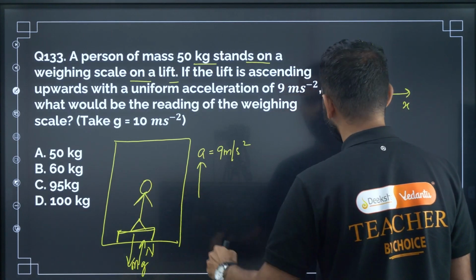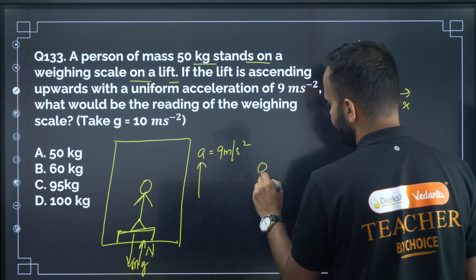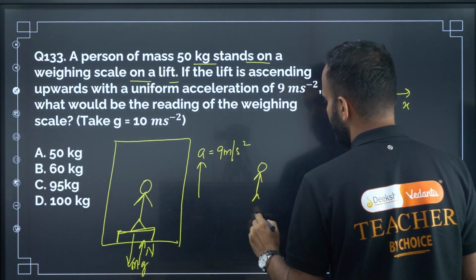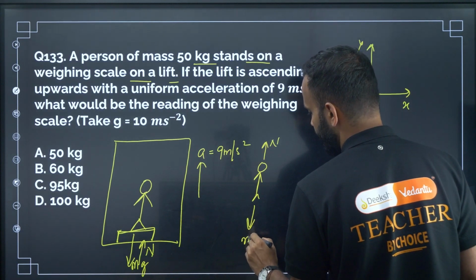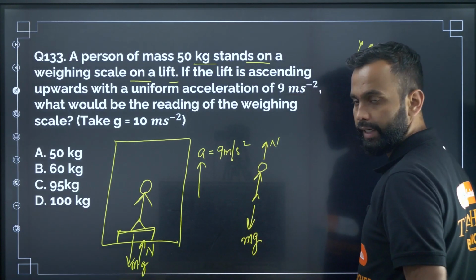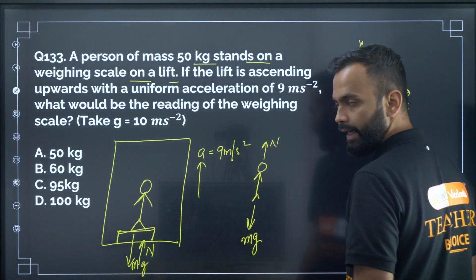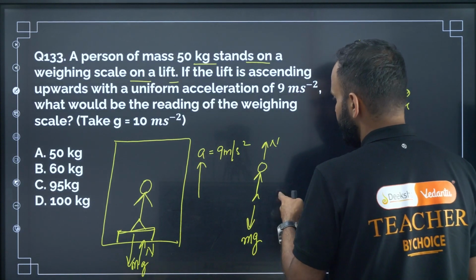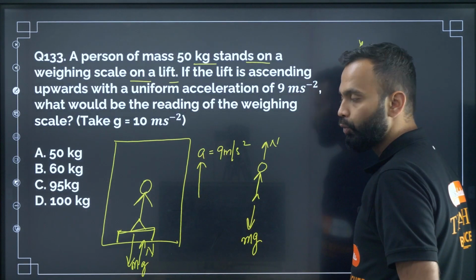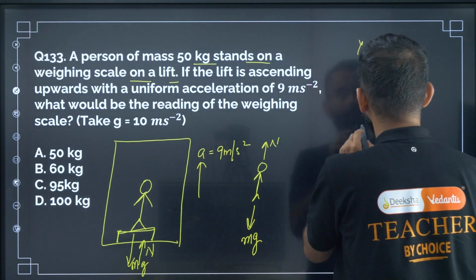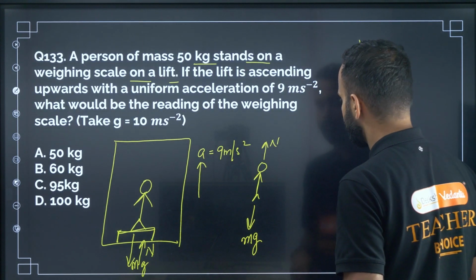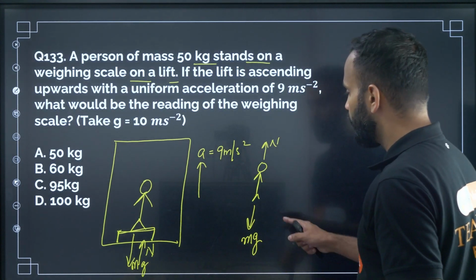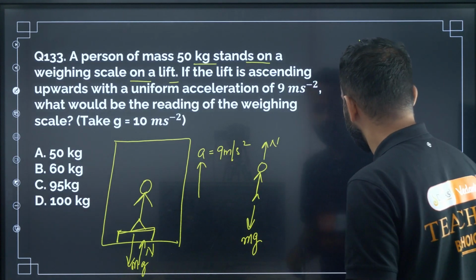Here the body is a man. The normal reaction is N and mg. And the lift is moving in the upward direction with acceleration a, isn't it? Now apply Newton's second law of motion.